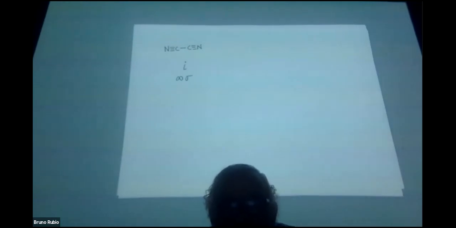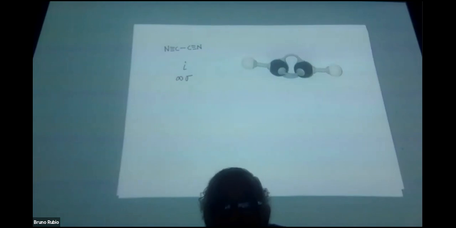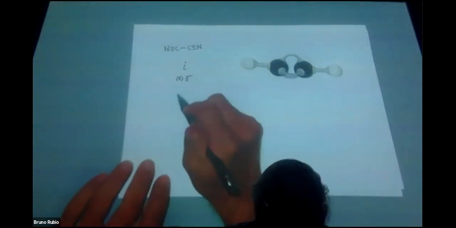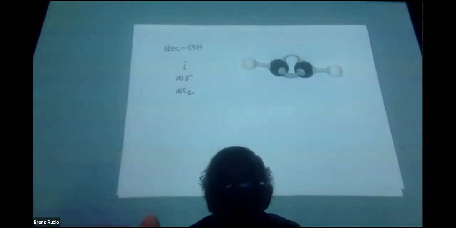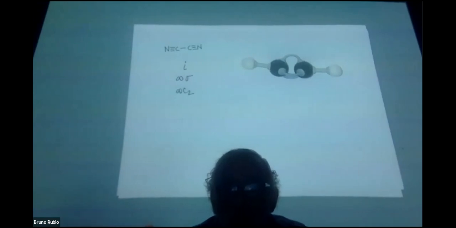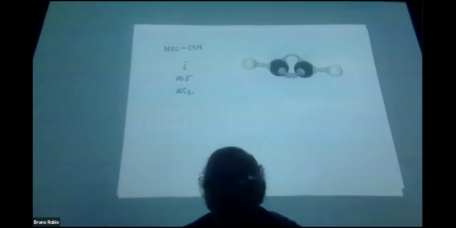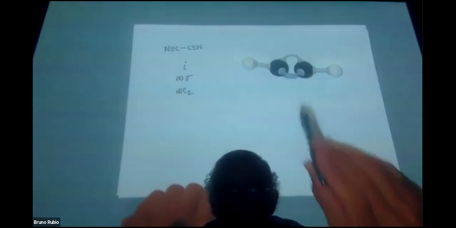Okay, what about C2 axes of symmetry? How many C2 axes of symmetry does cyanogen have? It has an infinite number of C2 axes of symmetry. You rotate this 180 degrees and come up with the same before and after picture.